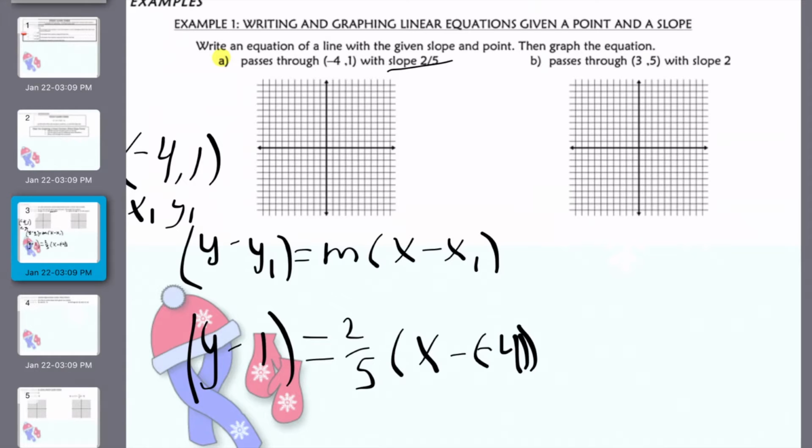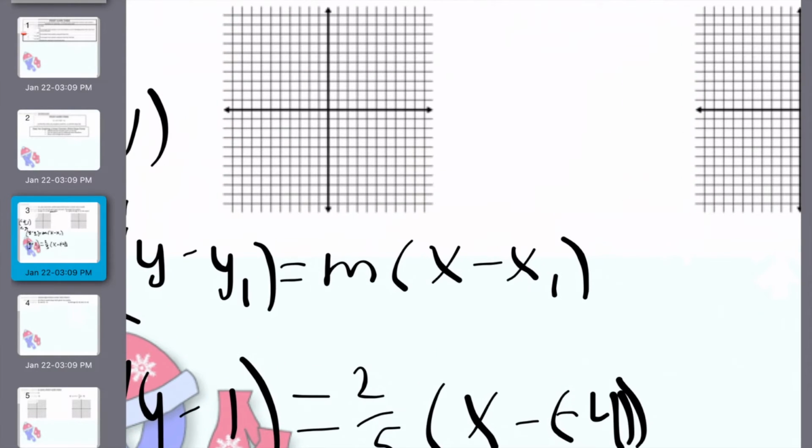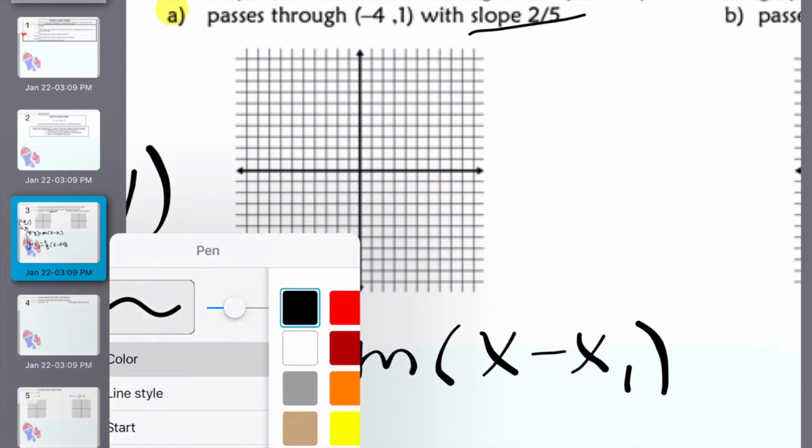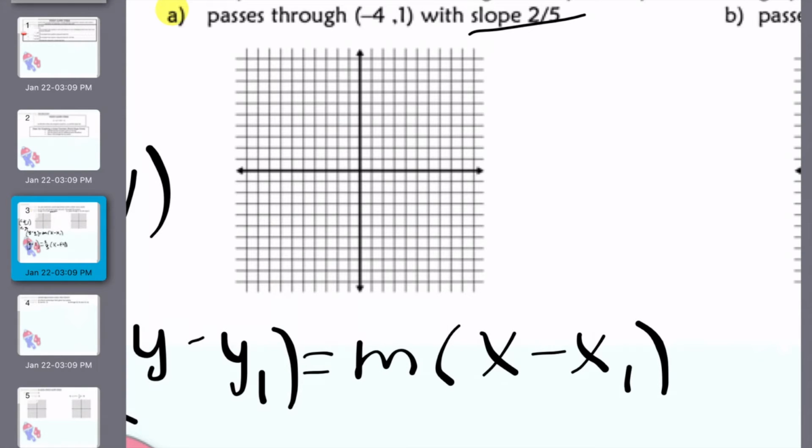But now it's come to graphing it, so I need to zoom in here, and our point was (-4, 1), so I'm going to make these red so it's easier to see. So I have to go to the left 4, 1, 2, 3, 4, and up 1. And then I have to go up 2 and over 5 to the right in order to get a new point.